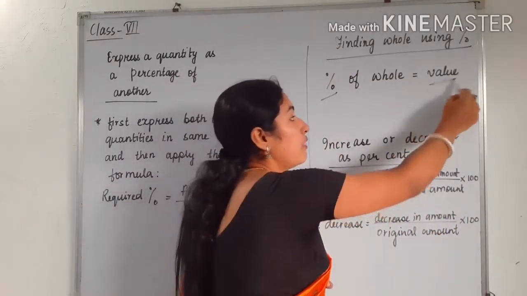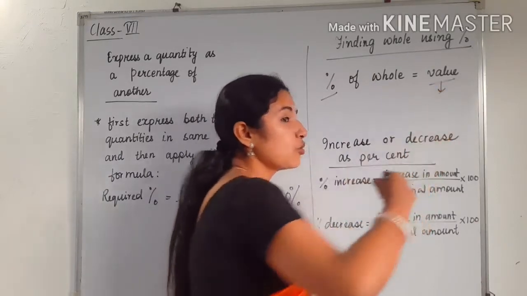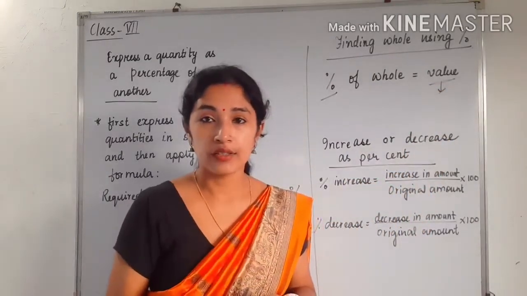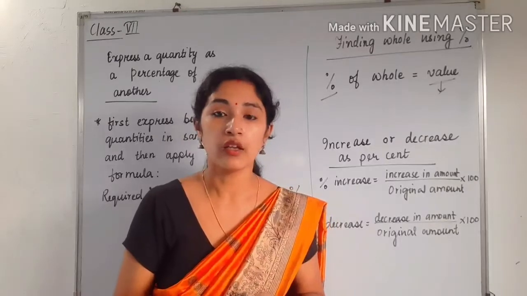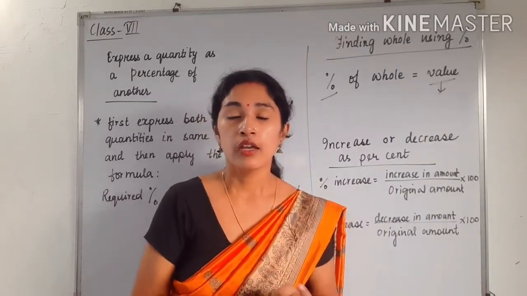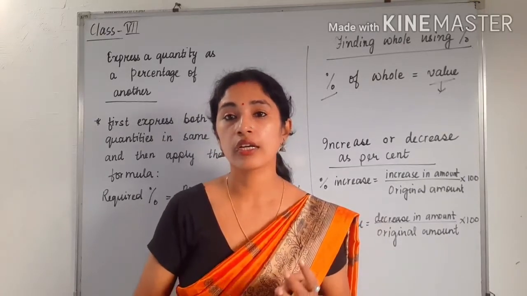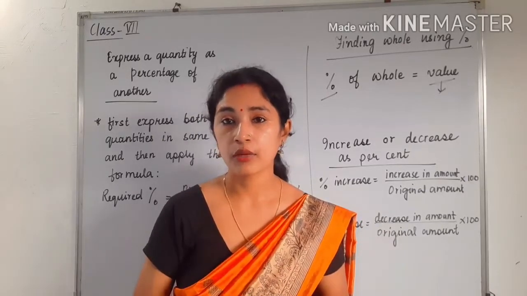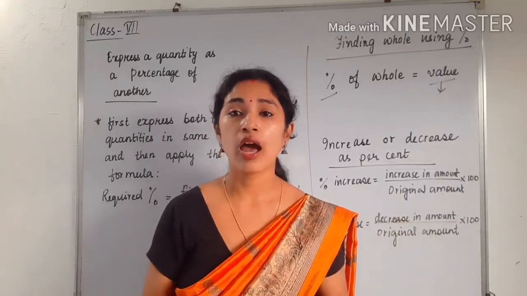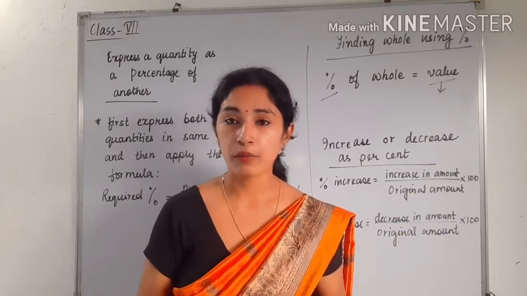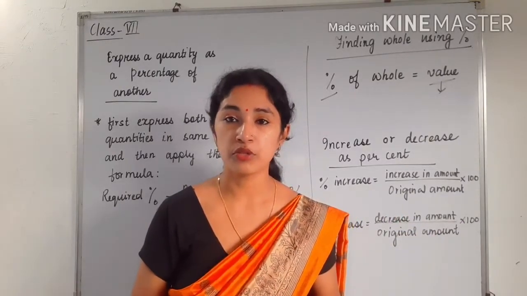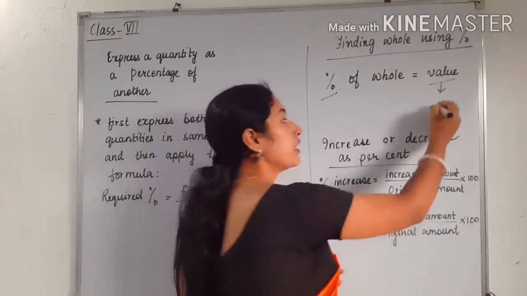The value means the total marks which you are obtaining. Suppose you are getting 80 in one subject, 70 in another subject, 75 in another subject. Like this, you have to add all the marks obtained by you in all the 6 subjects. That total marks should be written here.